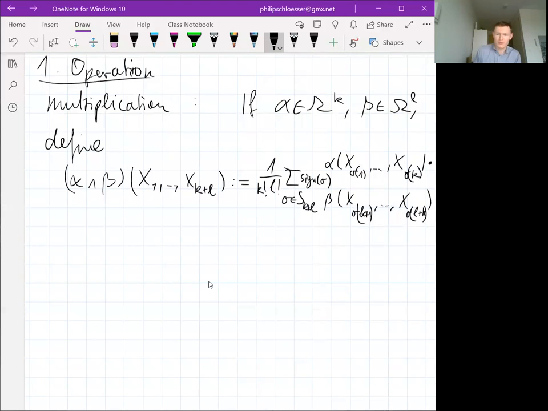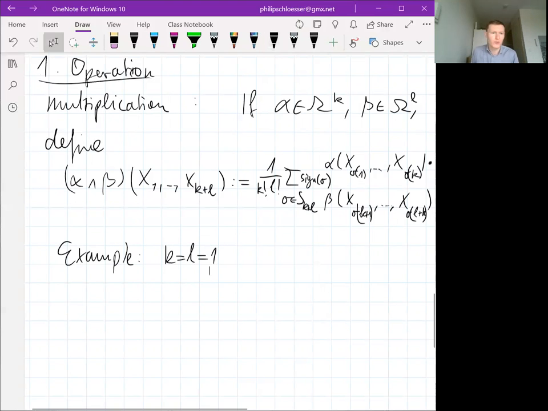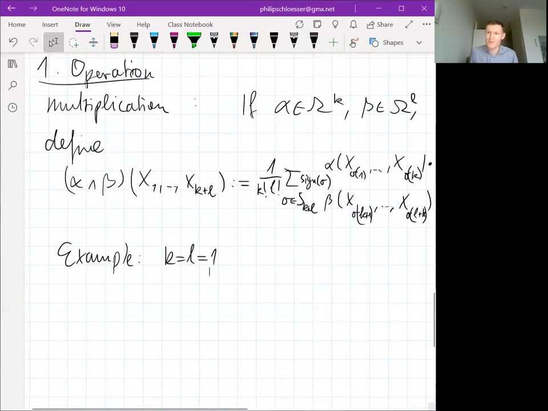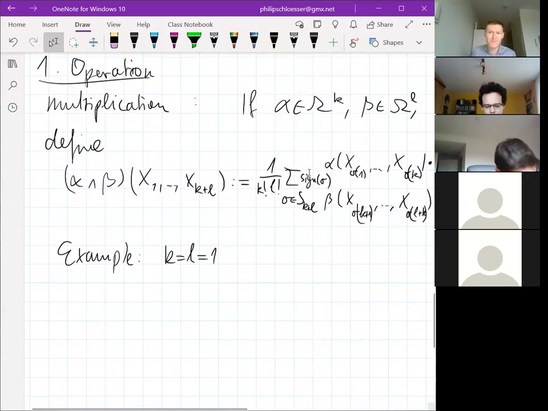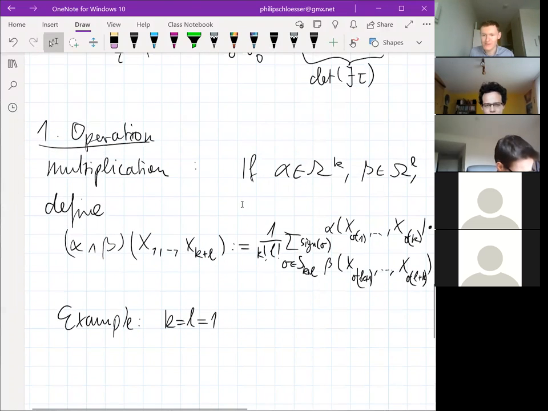But one example is important, namely the example k equals L equals 1. Oh, by the way, what do we get for k equal to 0 or L equal to 0? A scalar? Yeah.